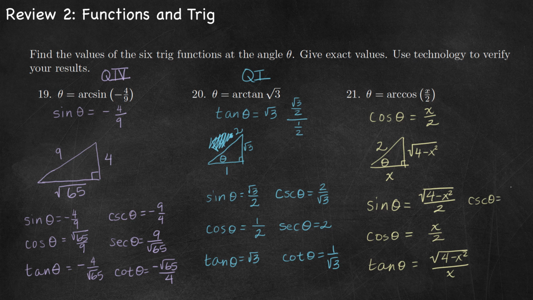Cosecant theta, 2 over square root 4 minus x squared, secant theta, 2 over x, and cotan theta, x over square root 4 minus x squared.